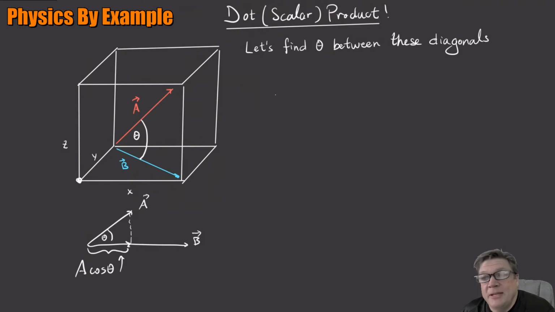When we multiply them together, we get this thing that we define, those three little equal signs mean defined as, to be the dot product, or what's called the scalar product, because we just get a number. It's just AB cosine theta, the amount of A going in B's direction times the length of B. Notice that's just a number. That's why it's called the scalar product. It's not a vector. And it's just a definition.